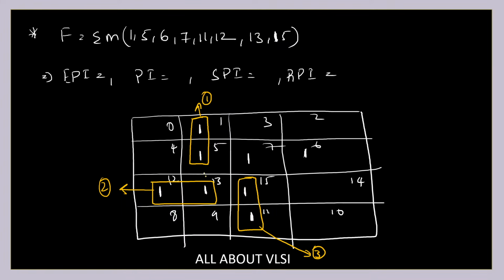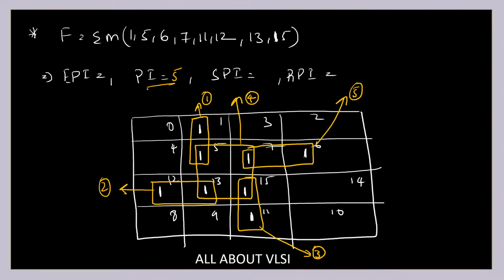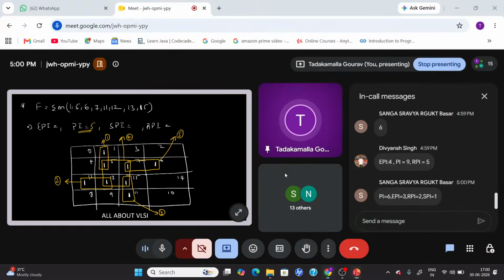And I can see one more quad forming over here, which is four. And this is five. So I do have five prime implicants. These are the highest possible groups which I can form in this K-map. Is everyone getting prime implicants equal to five?